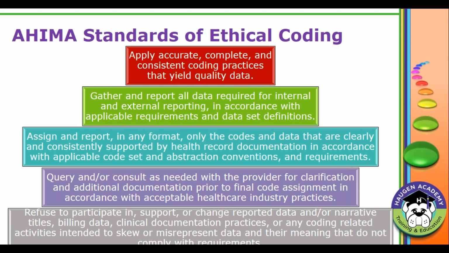So under this first standard in the red box, to apply accurate, complete, and consistent coding practices that yield quality data, one of the things that they say is that you should be developing and complying with comprehensive internal coding policies and procedures that are consistent with requirements.